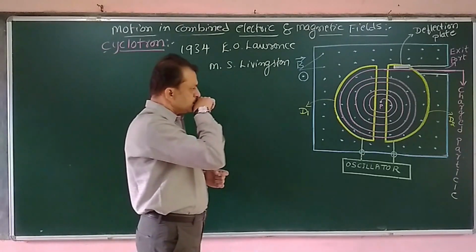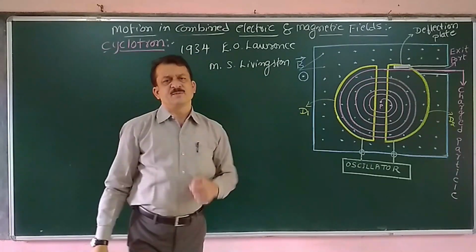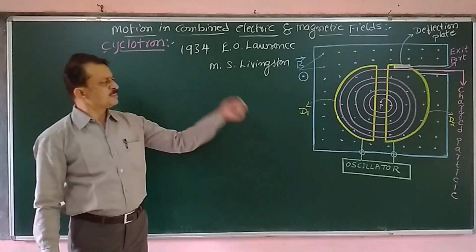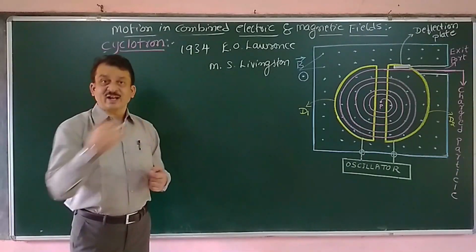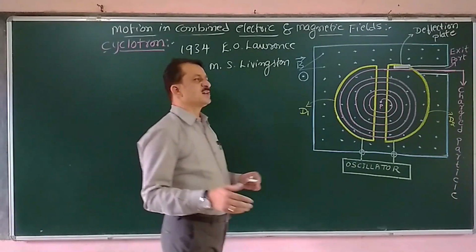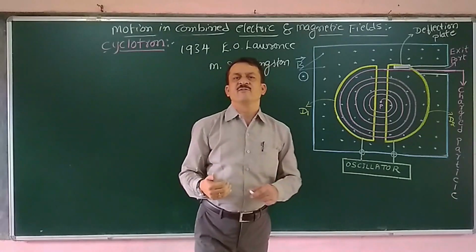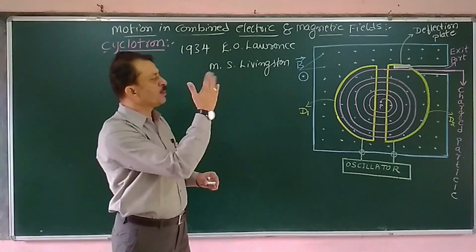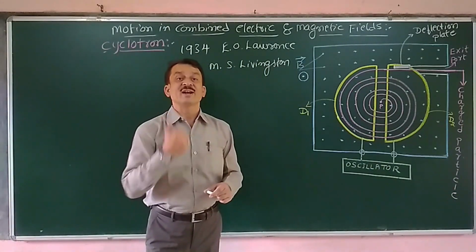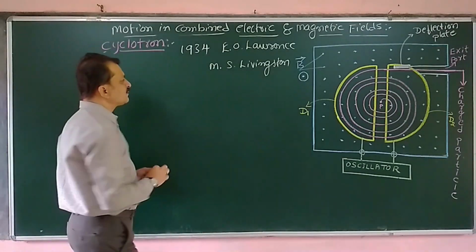Okay. Now, what is the principle of this device? That principle we have already studied while deriving the expression for the radius, frequency or time period of a charged particle moving perpendicularly in the presence of a magnetic field. The principle is very simple.